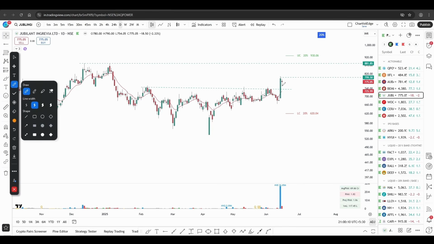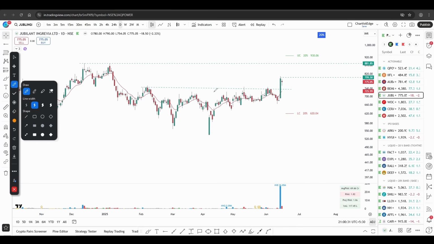if this low is protected and the price contracts and gives you a breakout, then we can look for an opportunity in this name. Same kind of price structure we saw in Subros today, and what it did today was a good upper circuit candle.